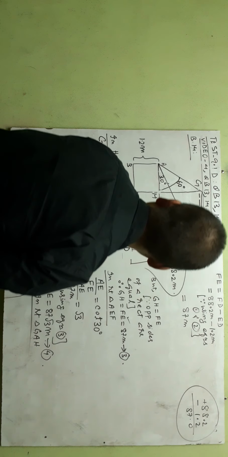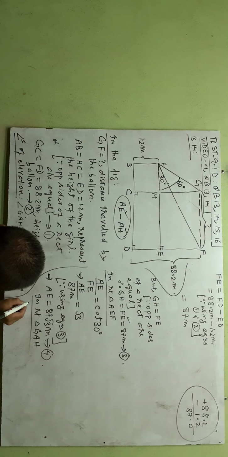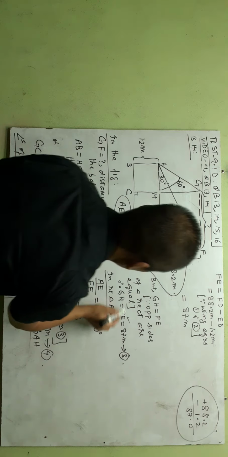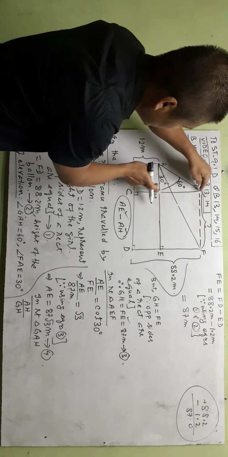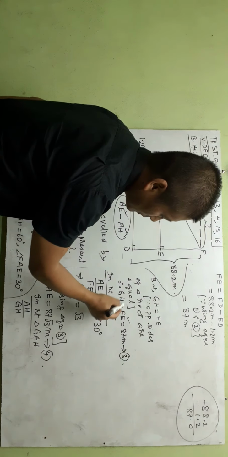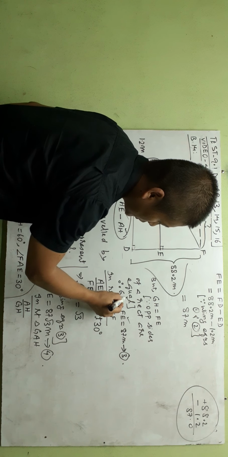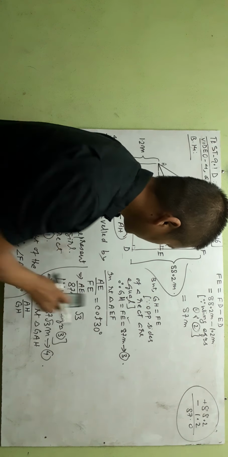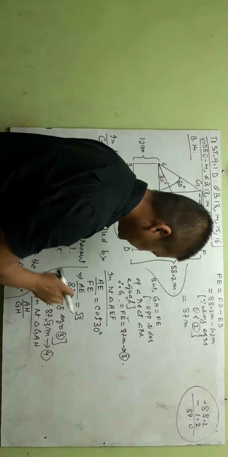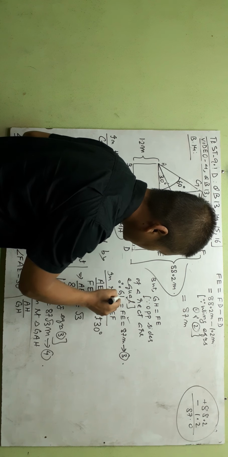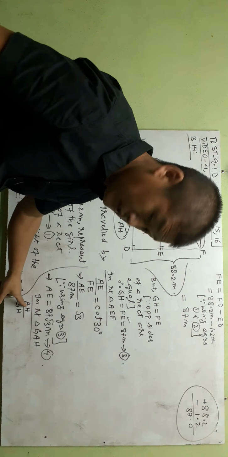So in GAH, you want AH, so we write that AH divided by the given side GH. You see here, GH is already known, 87. AH by GH. That's why we were doing not only FE, but GH also, because we can foresee that we're going to need that in the triangle GAH to find out AH.